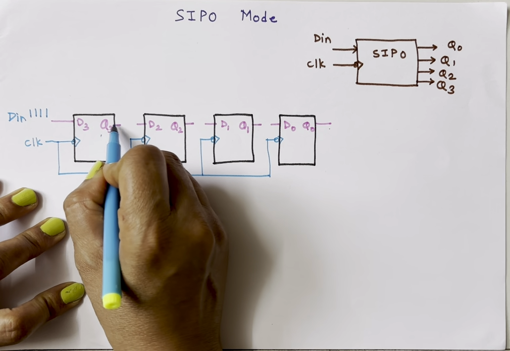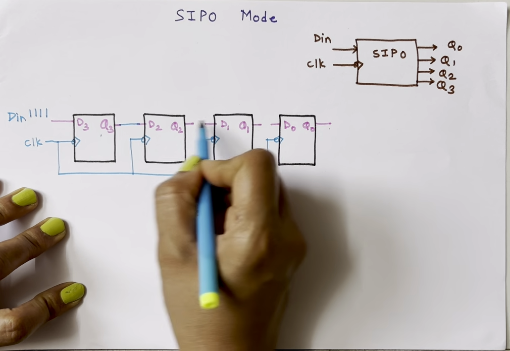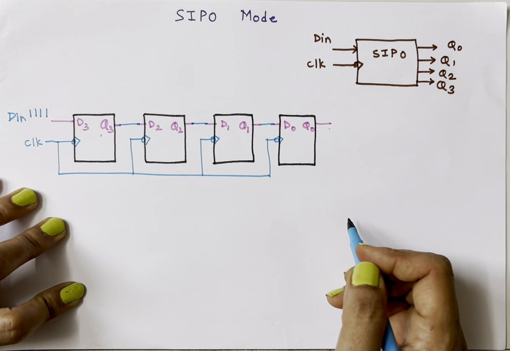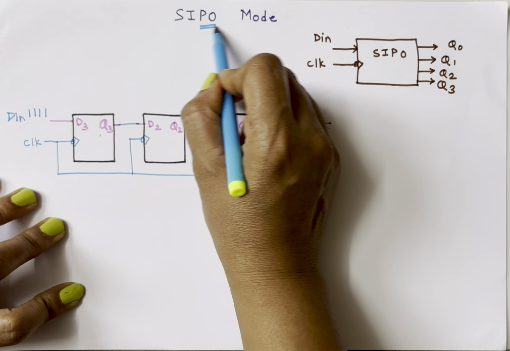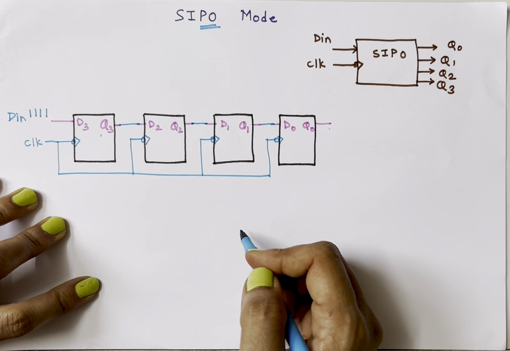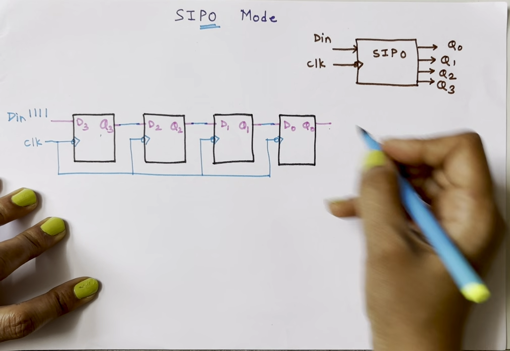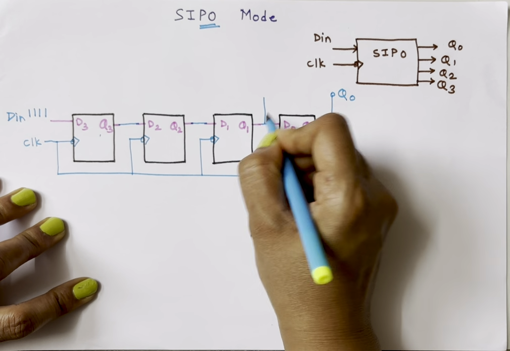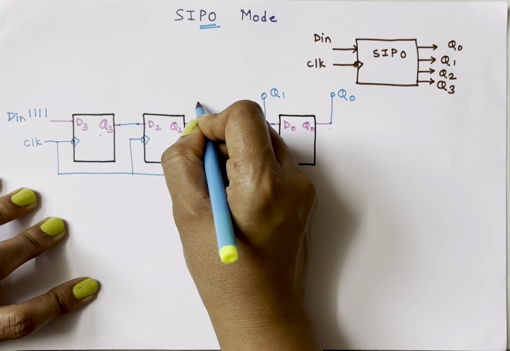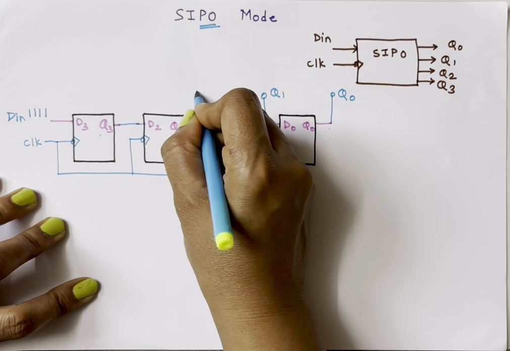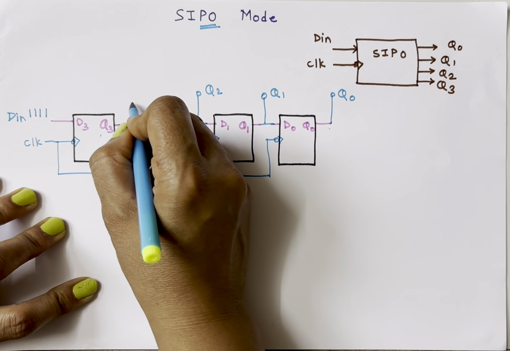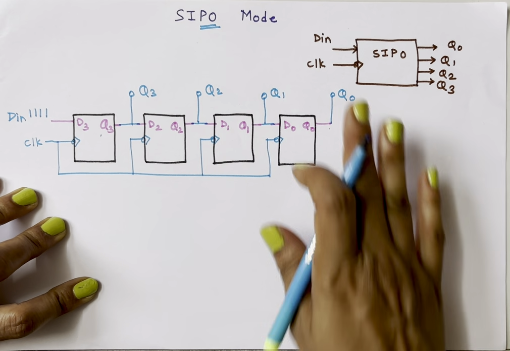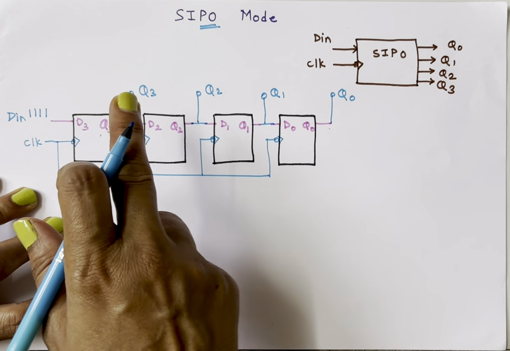I'll connect the output of the first flip-flop to the input of the second, output of the second to the third, in this way. And here the output is parallel mode output, so I'll get all 4 outputs simultaneously. So this is my Q0, here I'll get Q1, here Q2, and here Q3. So Q0, Q1, Q2, Q3.